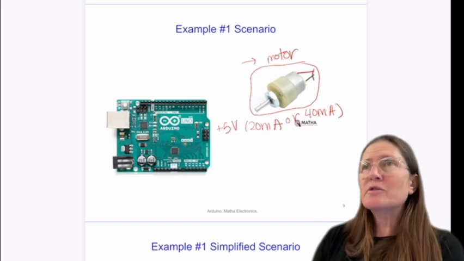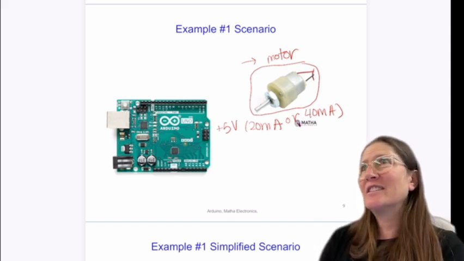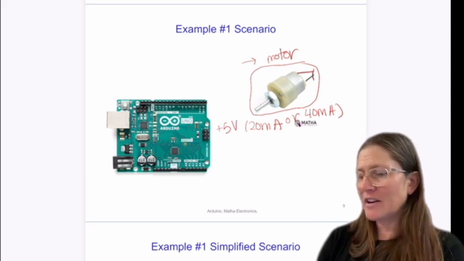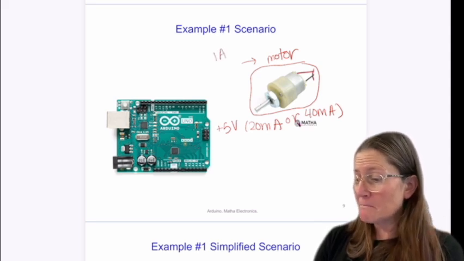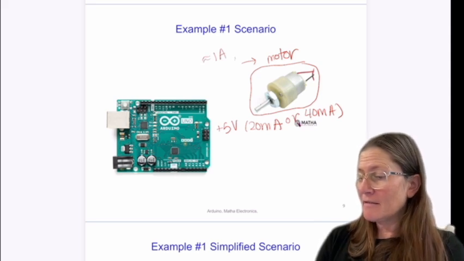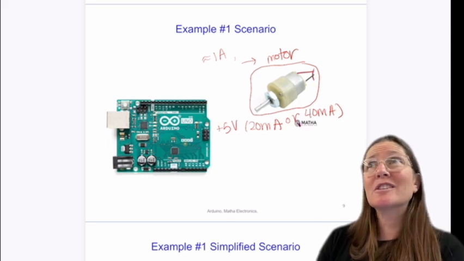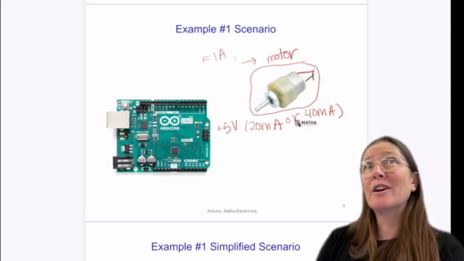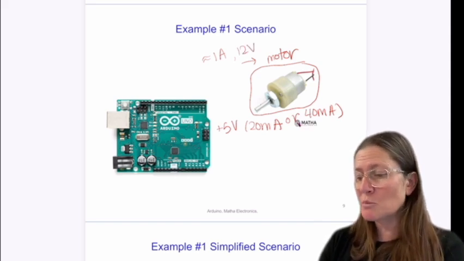Anybody know motors, like what they need? Yeah. At least an amp. Okay, so you need at least an amp. Voltage, anyone know voltages? Typically they're higher than 5 volts, so sometimes you may even need, 12 volts is more common.